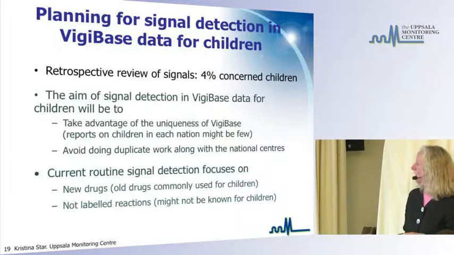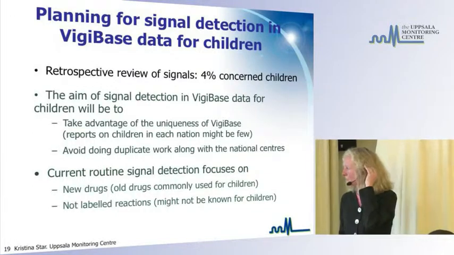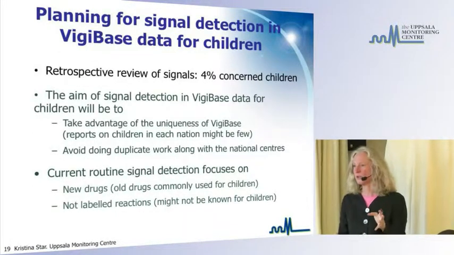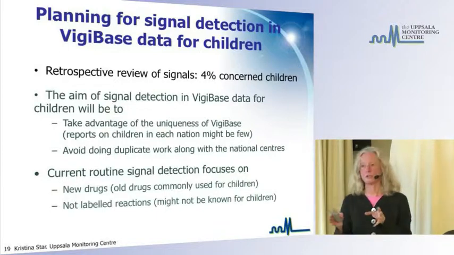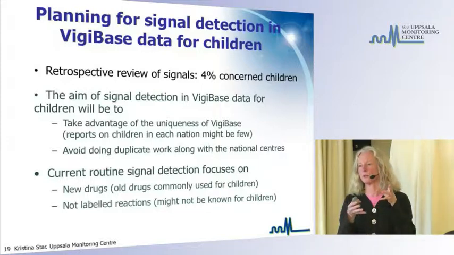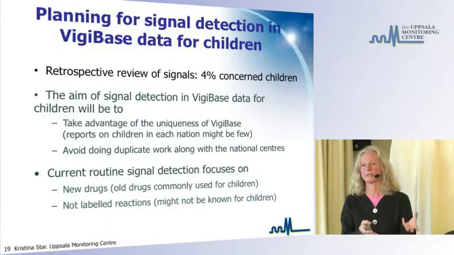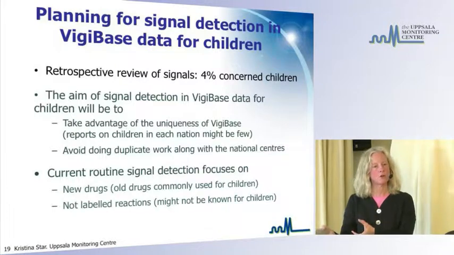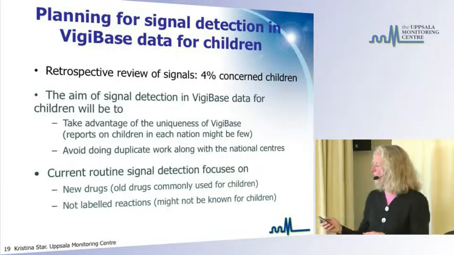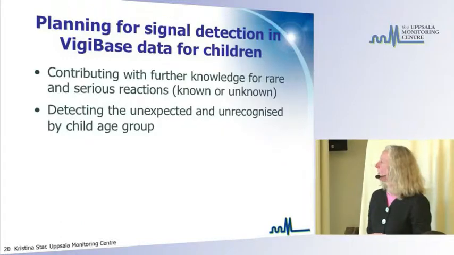And our current routine at the UMC focuses on new drugs and not labeled reactions, but old drugs are often used for children. And also, just because it's labeled for and known for adults, it might not be known for children. So that's why we want to continue.